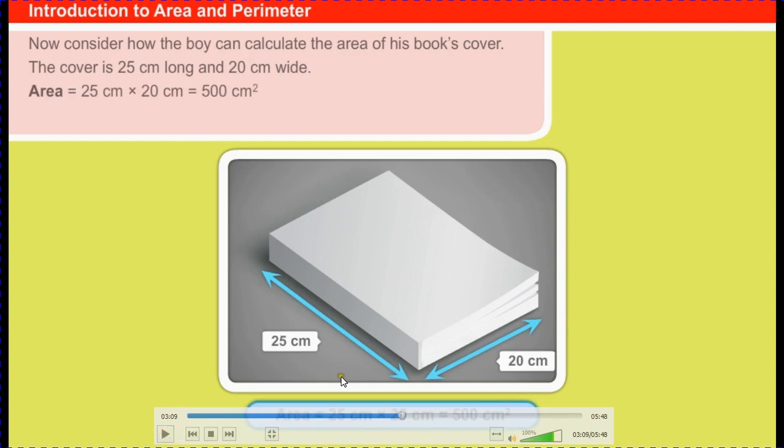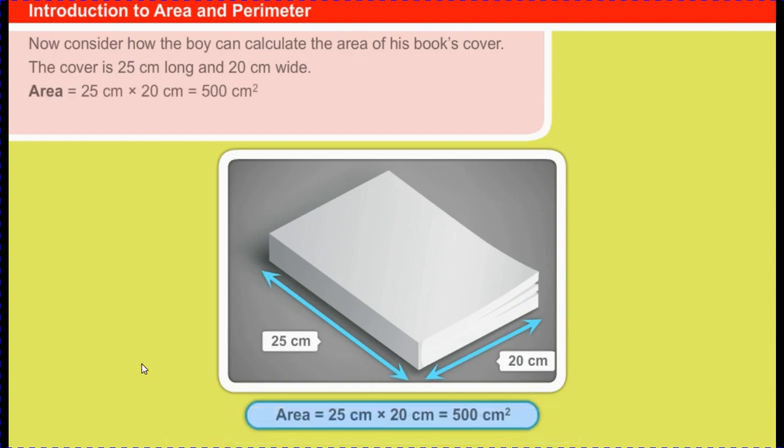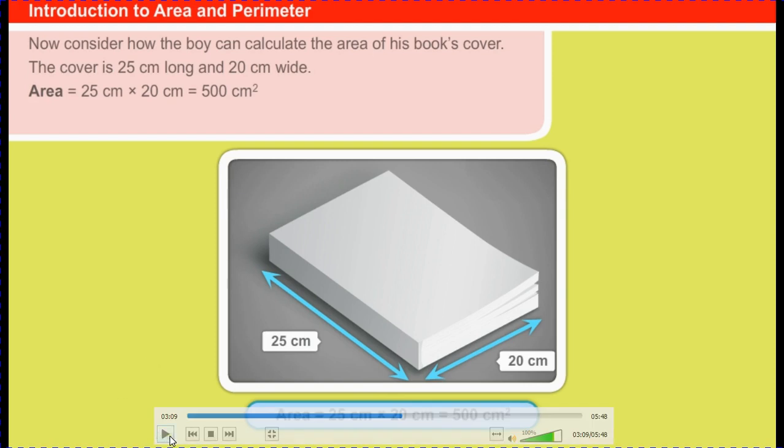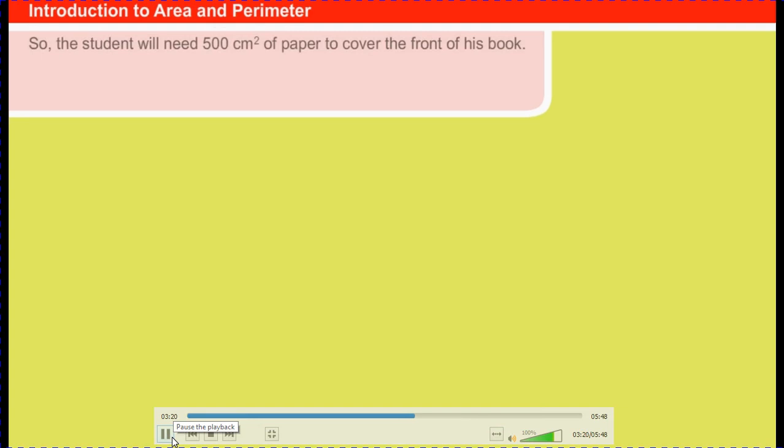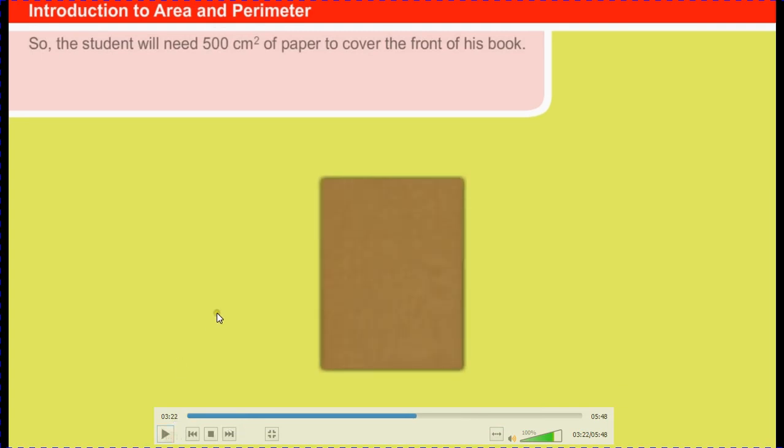Yes, you multiply 25 by 20, it will be, yes, 500 centimeters squared. Then your cover will be like this. It will be 500 centimeters squared of paper of this color to cover the front of your book.